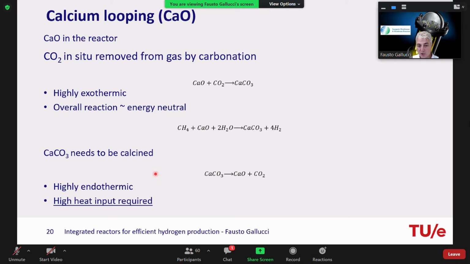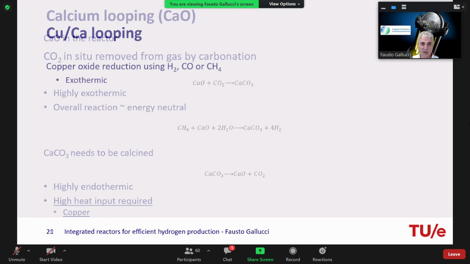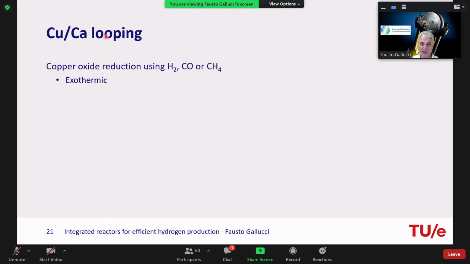In this particular project, what we do is we use a chemical looping system with copper to supply the energy for this calcination reaction. So how the loop is working, you have the calcium, the calcium that is taking the CO2, the copper that is supplying the energy. So we have to find out how much copper and how much calcium we can put in the reactor to get hydrogen production and to have the regeneration of the calcium.